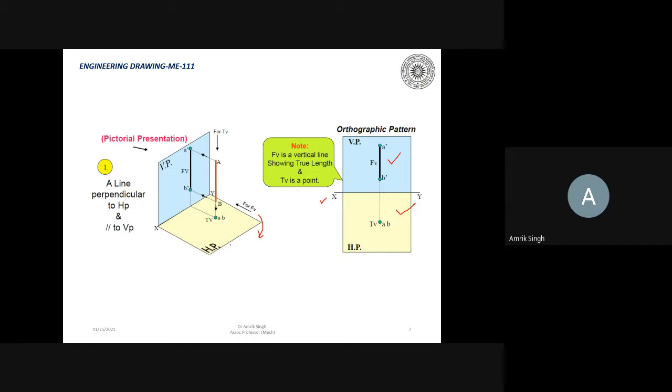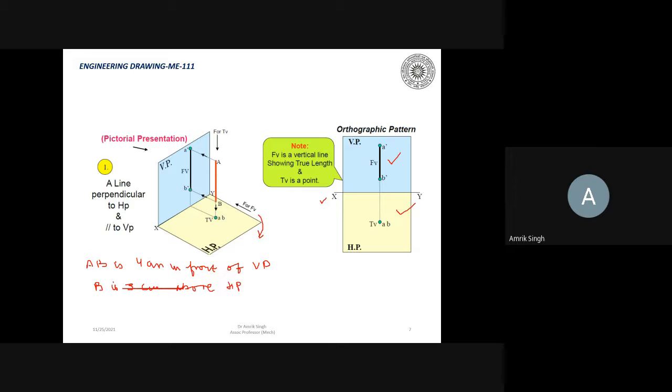Suppose I say the line AB is 4 centimeter in front of VP, and point B is 3 centimeter above HP.